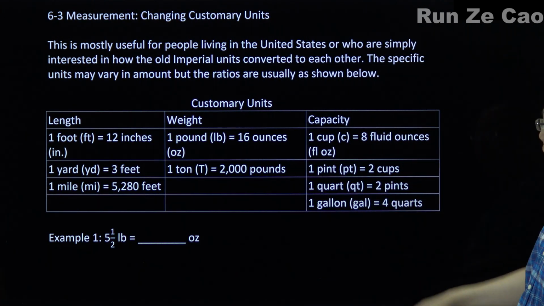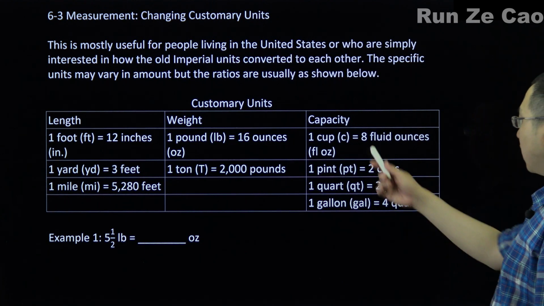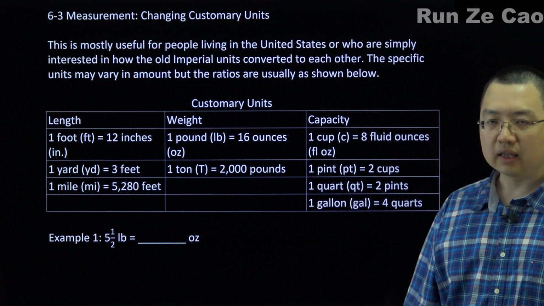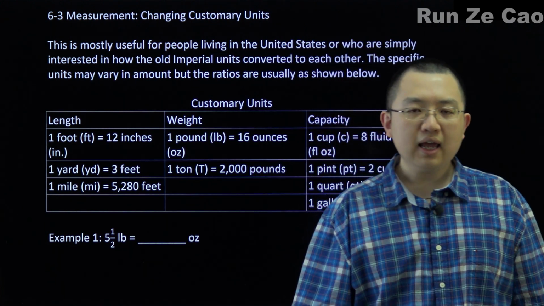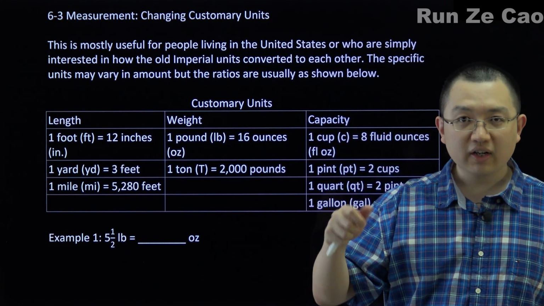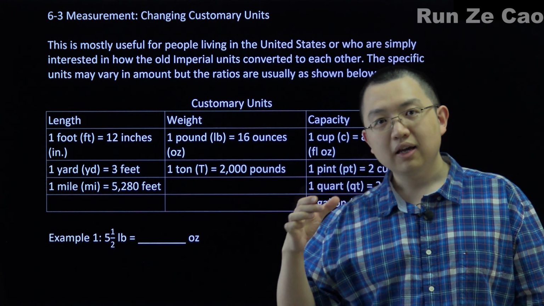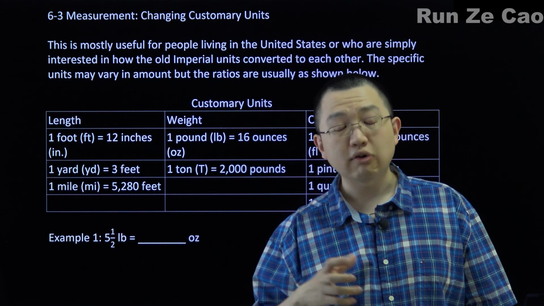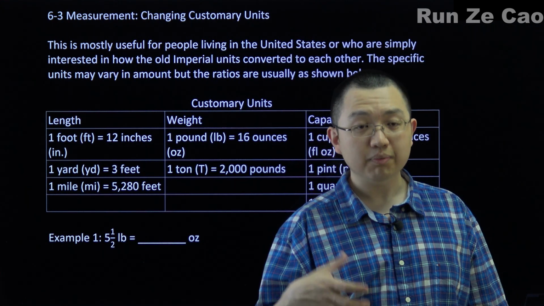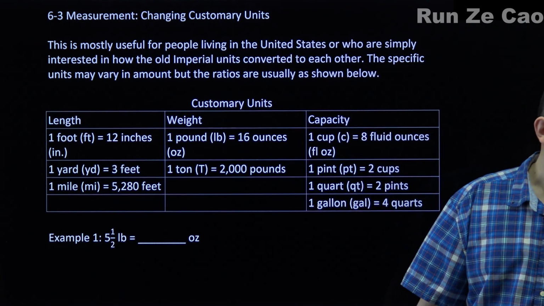And thus the quart is very close to a liter. It's a little bit less than a liter. And the cup is usually taken, if you're baking and you only have measurements in metric for your baking equipment, as basically 250 milliliters because it's pretty close, reasonably so.